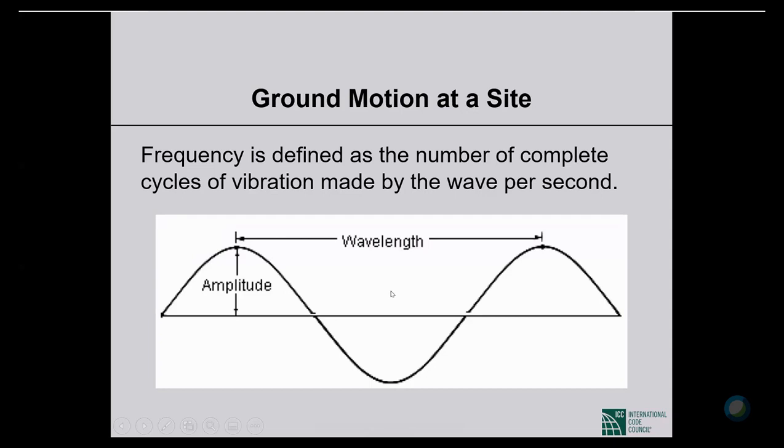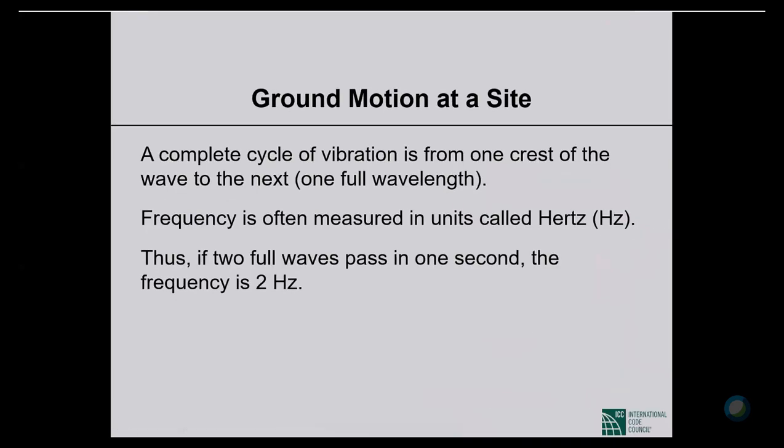A complete cycle of vibration is from one crest of the wave to the next. Frequency is often measured in units called hertz. It is actually second to the power minus one. If two full waves pass in 1 second, then the frequency will be 2 second to the power minus 1. And second to the power minus 1 is also called hertz, 2 hertz frequency.